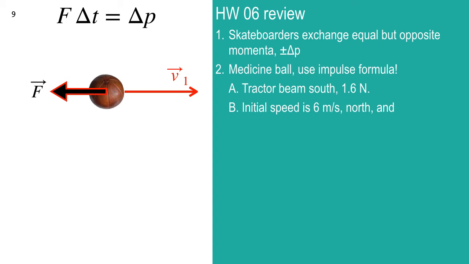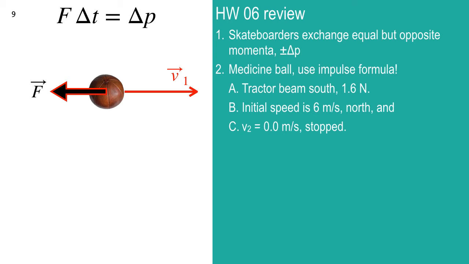So that tractor beam is going to pull it gently to a stop. And then it's going to start coming towards your spaceship, but we're not going past the stopping point. So its initial speed is 6 meters per second north, off to the right, as the red arrow shows.